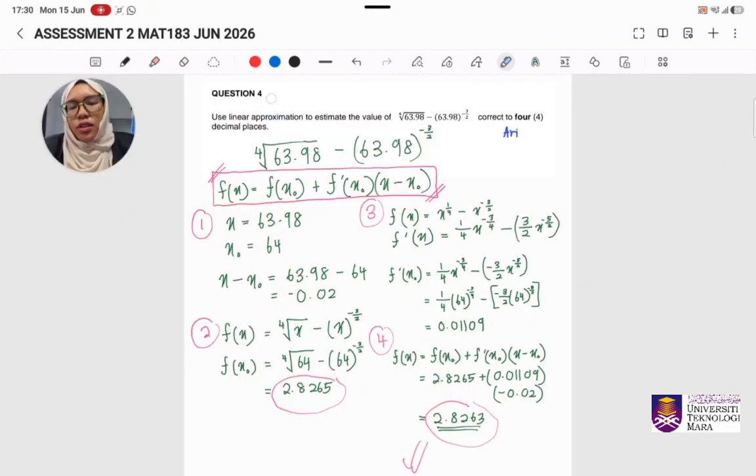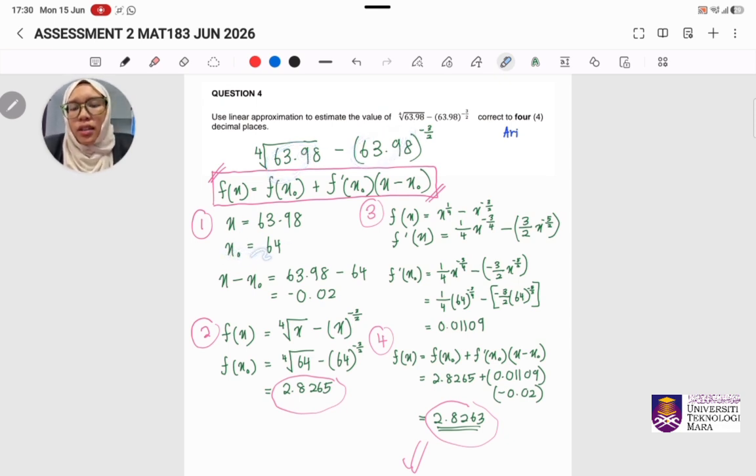Okay, the last question is about linear approximation. For this question, we have to refer to this formula, which is f(x) equals f(x null) plus f prime of x null multiplied by (x minus x null). First, we have to identify the x. Usually, the x is the same number, which is 63.198, this one.